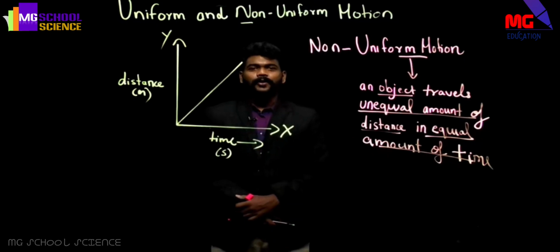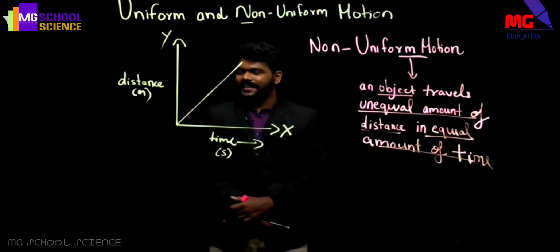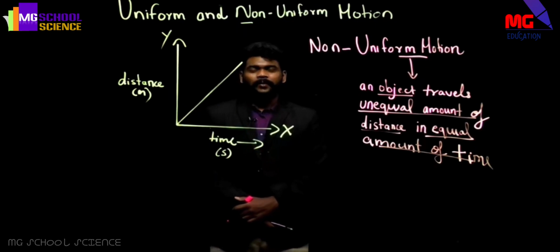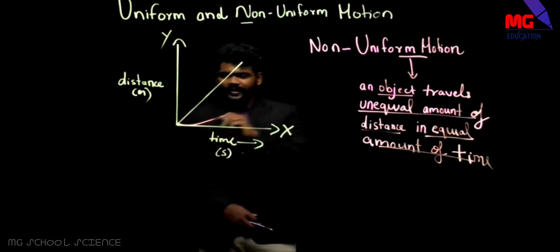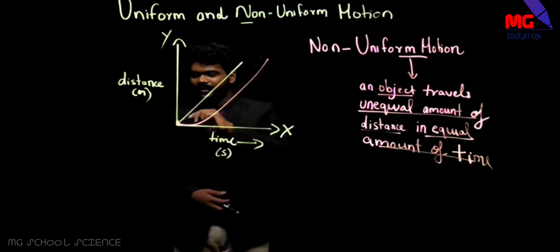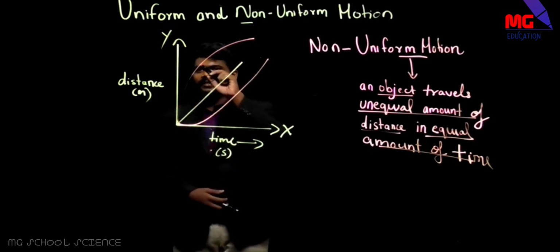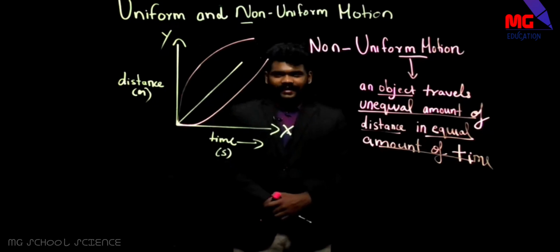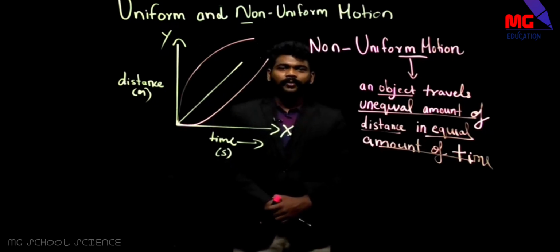We saw that uniform motion had a linear graph. Then how will a non-uniform graph look? It will be anything except a straight line. It can be a line like this or it can be a curve like this. So, anything except a straight line will give you non-uniform motion when you plot a graph of distance versus time.